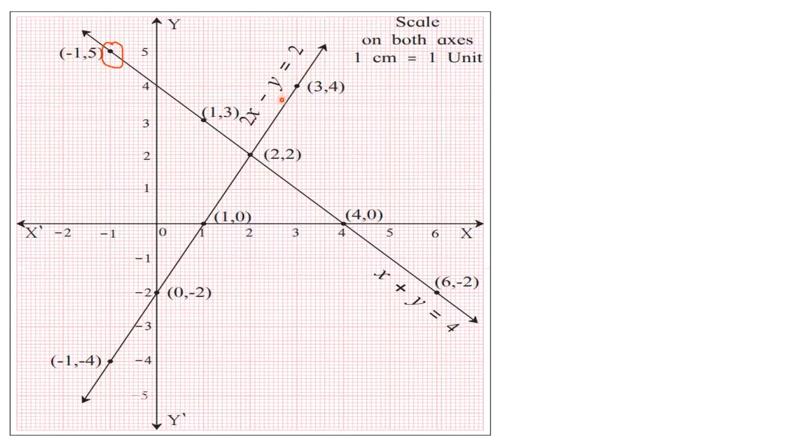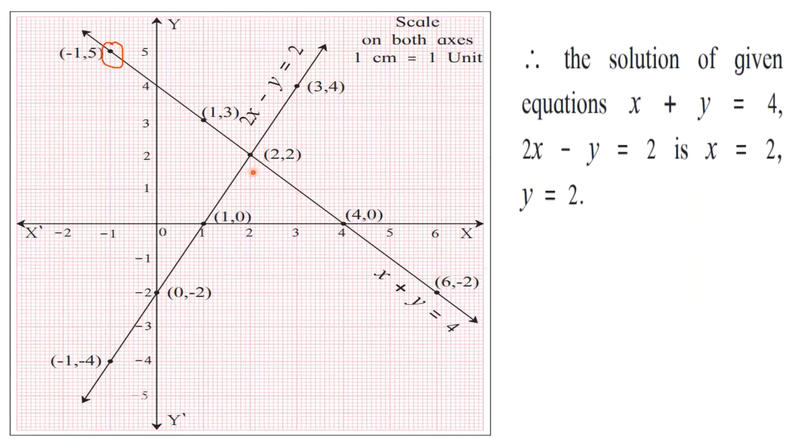The equations are written to make it understood that this line is for this equation and the second line is for the second equation. Now what we can understand here is that these two lines intersect at this point, that is 2 comma 2. So this point of intersection is the solution of the equations.